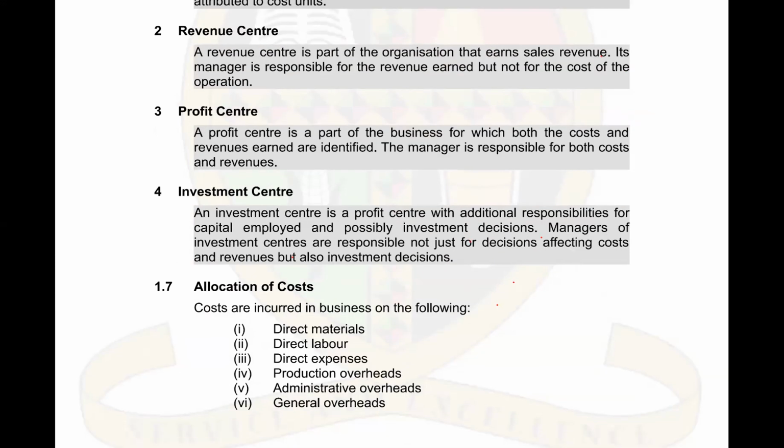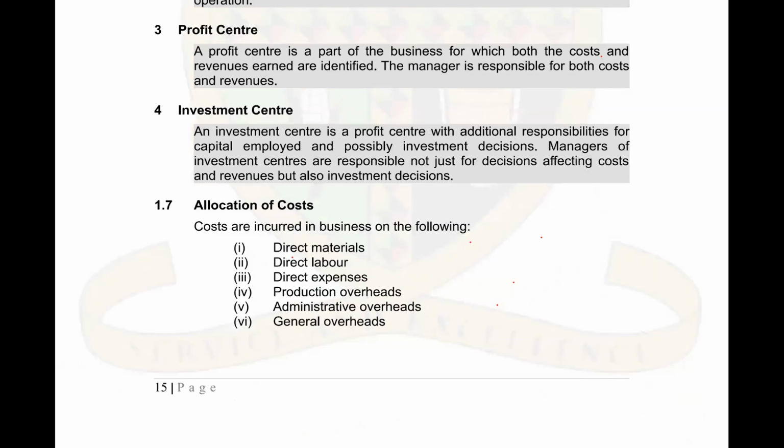And the investment center is the profit center with the additional responsibility for capital employed or possibly investment decision. So in addition to the profit center, you add the investment decisions, then you have the investment center.